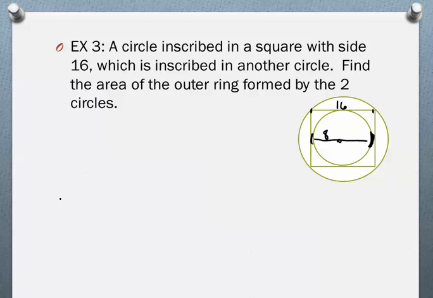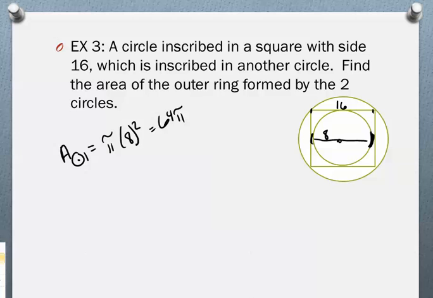So if we call the inner circle, circle 1, the area would be pi times 8 squared, which equals 64 pi.